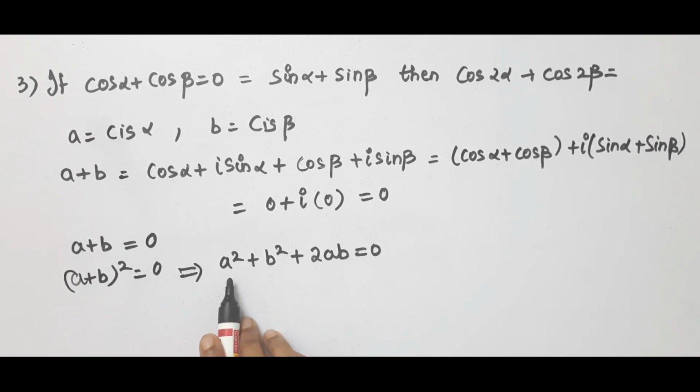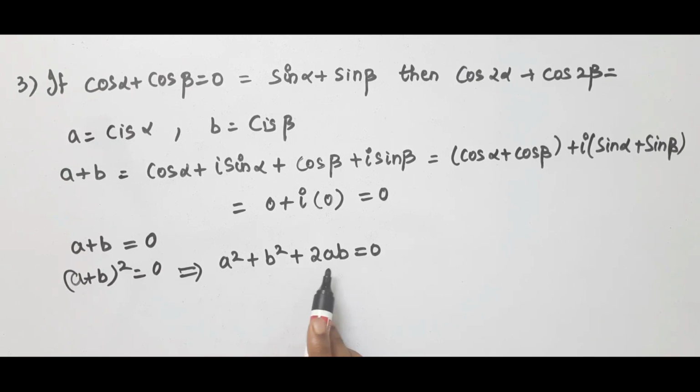Now, if we write here cis alpha whole square, we will definitely get cos 2 alpha by applying De Moivre's theorem, is it not? So now we need cos 2 alpha plus cos 2 beta. So we need the real part of A square plus B square. So just take this plus 2AB to RHS.